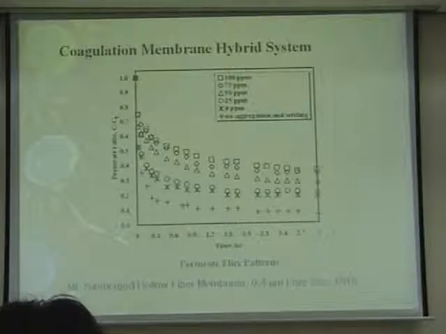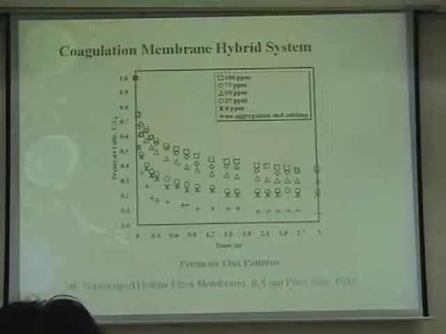When we adopted the final stage of hybrid membrane system, at 50 ppm of first stage pH treatment, second stage is using chemical coagulant for different amounts of ferric chloride, followed by this membrane. This is the permeate flux decline.